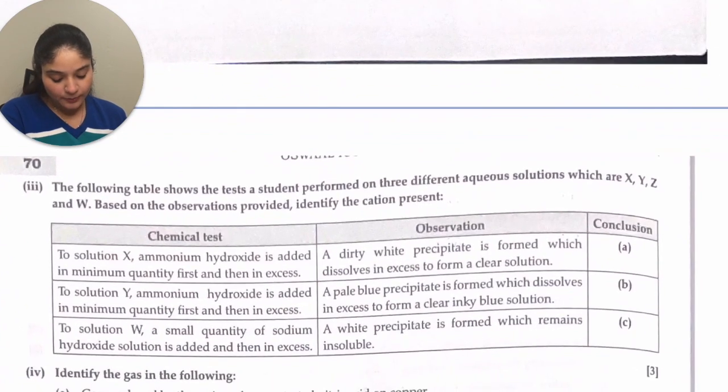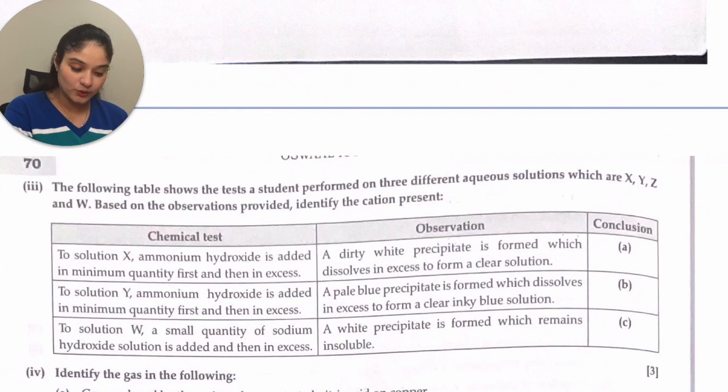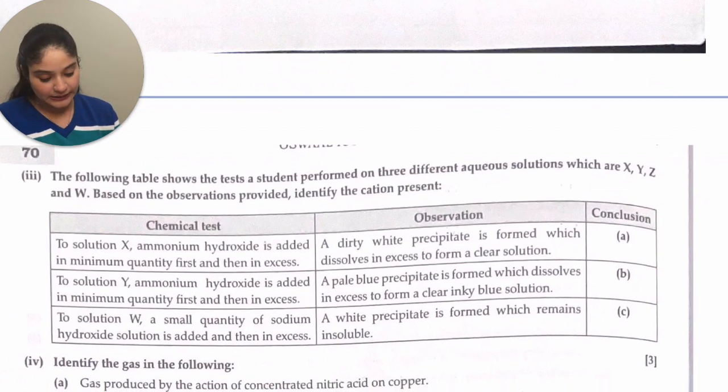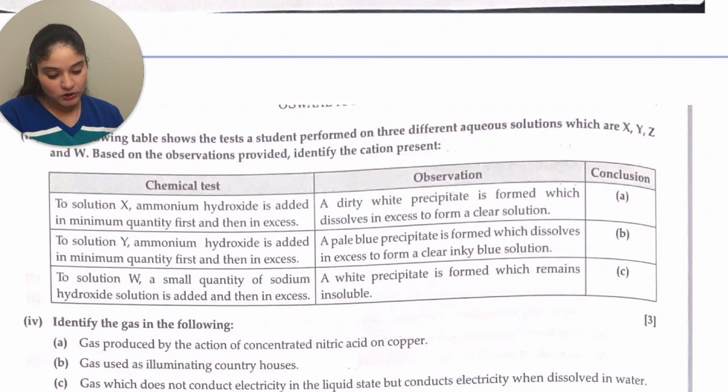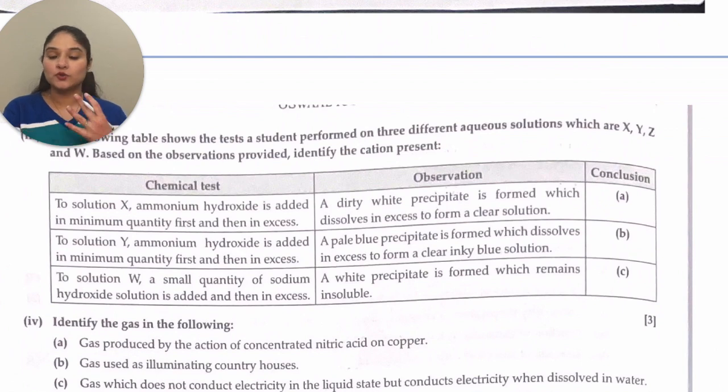The following table shows the tests a student performed on 4 different aqueous solutions, which are X, Y, Z and W. Based on the observations provided, identify the cation present. So this is from analytical chemistry. A lot of students are scared about learning the equations of analytical chemistry, but I always say that even if you are not good with equations, you just understand the chapter, and you can check out the video on my channel.